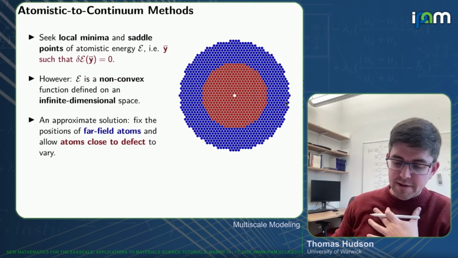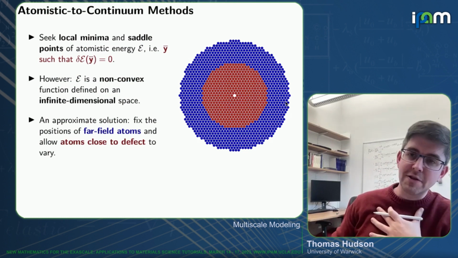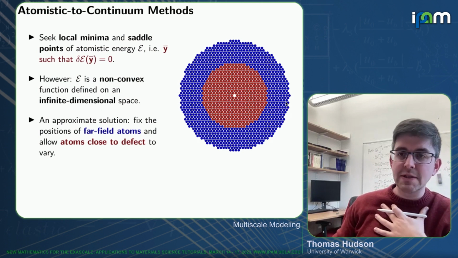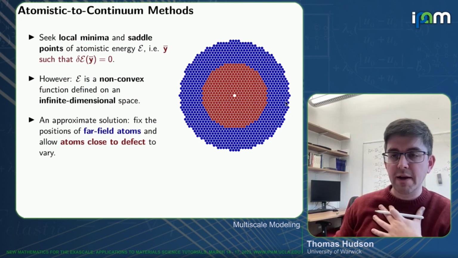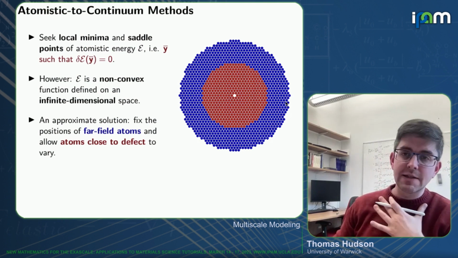But I guess we know in some sense where to look for the solution to this problem, which is that we know that the displacements near to defects very often decay rapidly away from the defects. And we know that because continuum elasticity theory tells us that this should be the case.